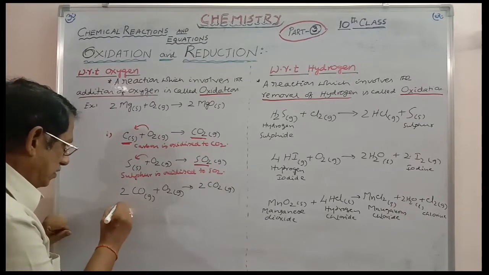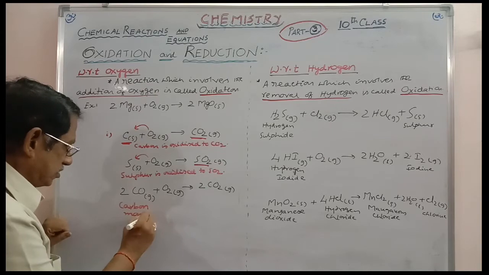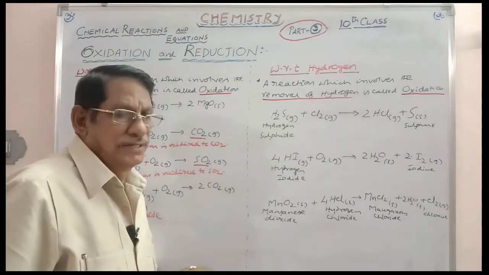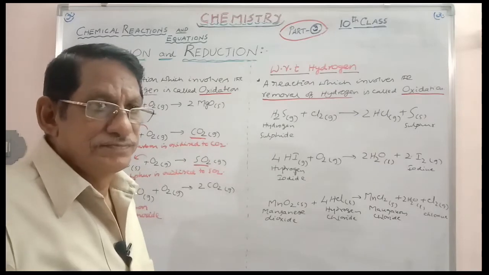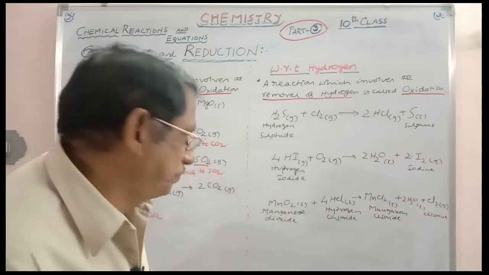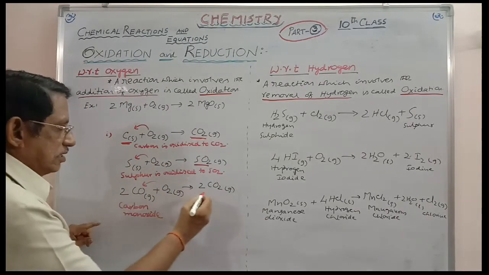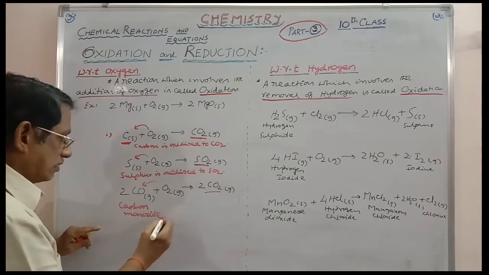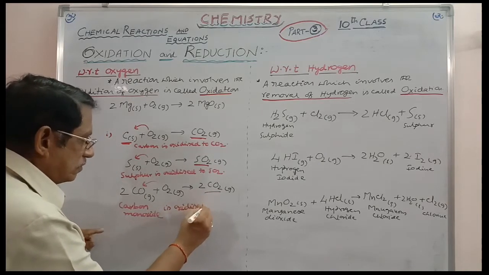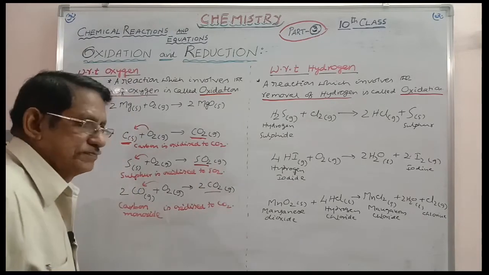This is a very poisonous gas, deadly poisonous, highly reactive. It is not stable in air. It immediately takes oxygen and will be oxidized to CO2. So carbon monoxide is oxidized to CO2. Okay? Very simple examples.